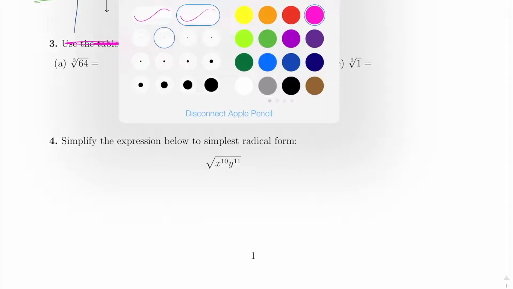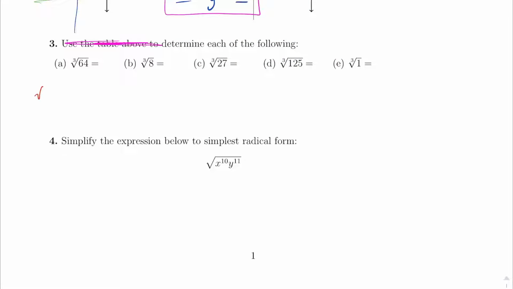For cube roots, the way you want to do these is break it down. So 64 breaks down into 8 and 8, 2 and 4, 2 and 4, 2 and 2, 2 and 2. So we've got 2, 2, 2, 2, 2, 2.